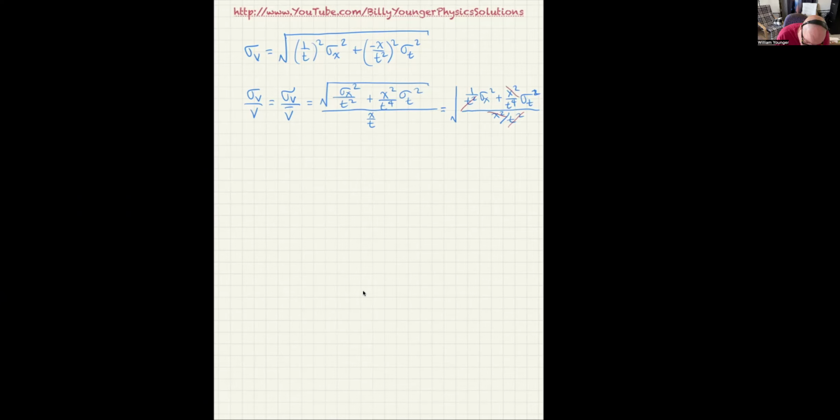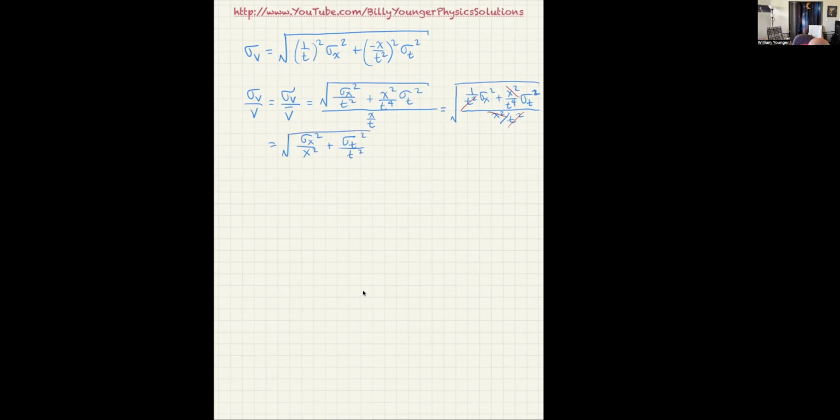So keeping my wits about me, I can finish calculating this fractional error as follows. The x squared stays on the first term, so I get the square root of sigma x squared over x squared, and then the t squared canceled out. The second term is sigma t squared over t squared, because the t squared cancels with the t to the fourth, and the x squared cancels with the x squared.